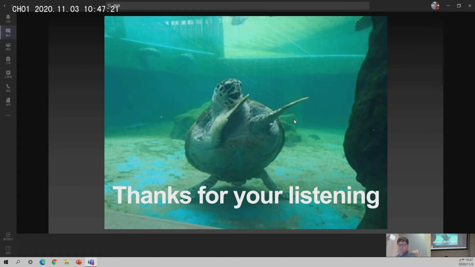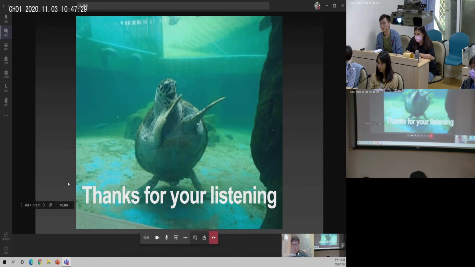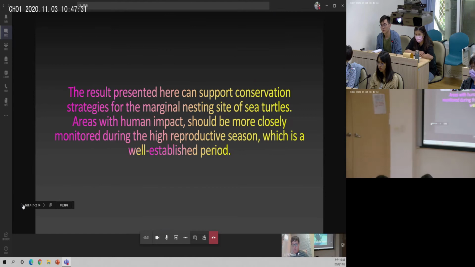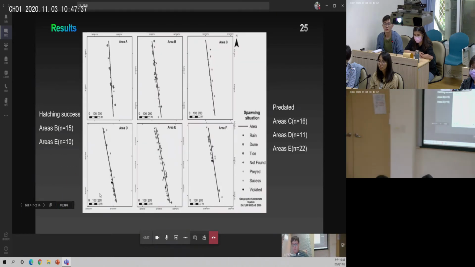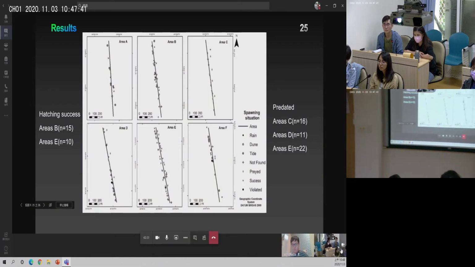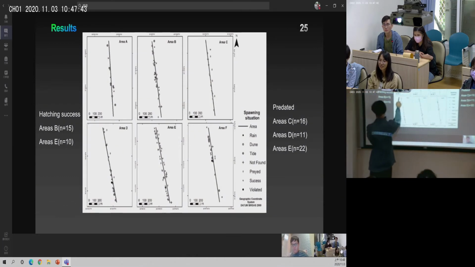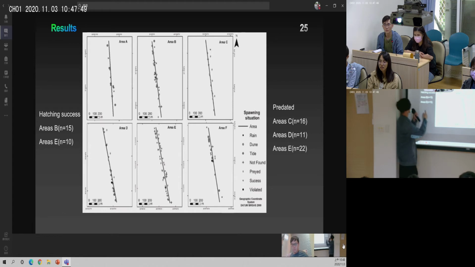Could you explain the page 25 graph? I don't know what that means. Okay, repeat his question. He wants to know what page 25 means. Page 25, can I stand in? Yeah, this is our beach, and this icon shows which event happened on the beach.